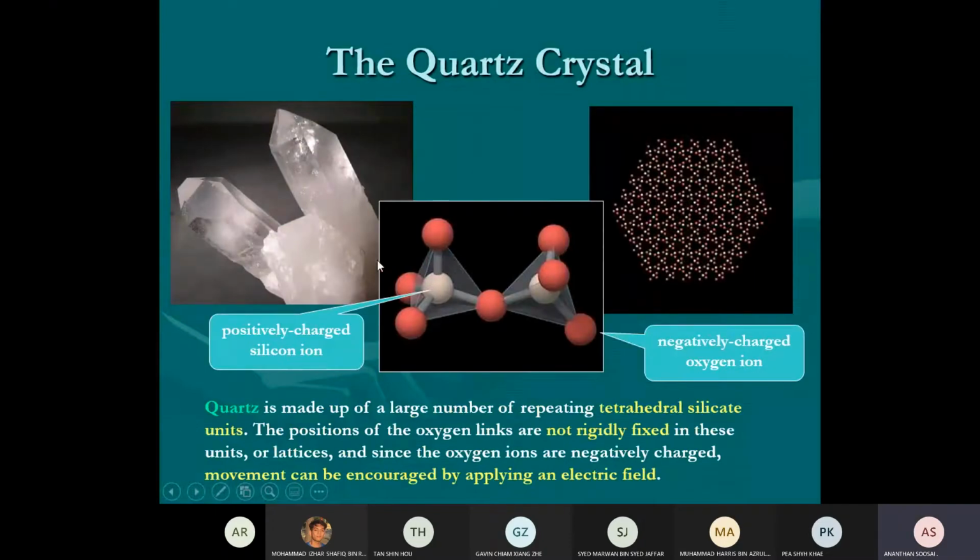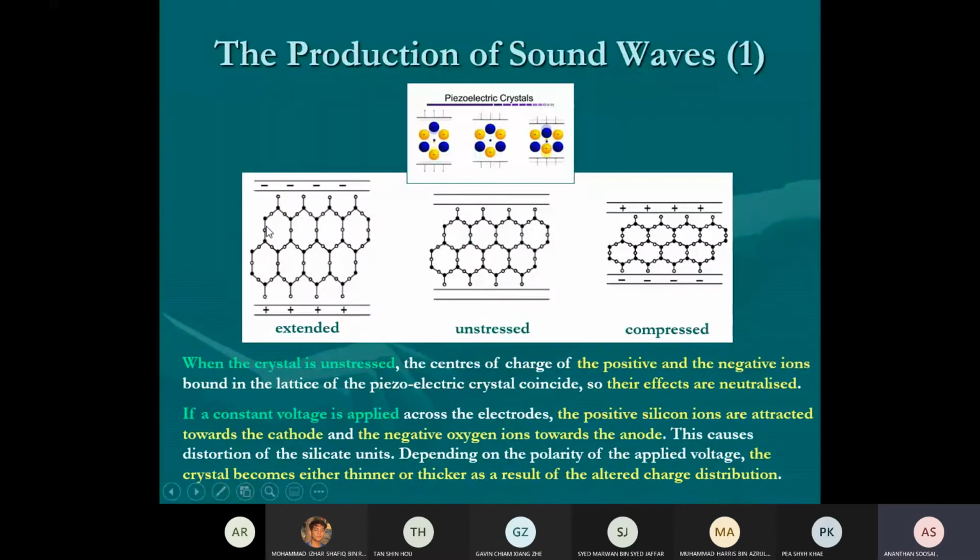The type of crystal used is silicon oxide, SiO2, with silicon at the center and oxygen around it, in a tetrahedral shape. When you apply pressure, the crystal will start to vibrate.